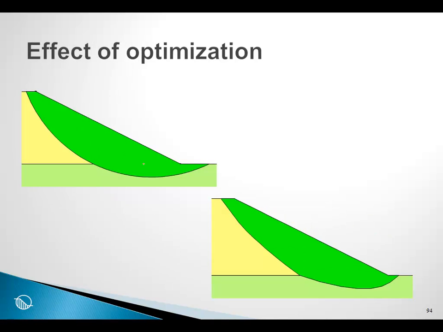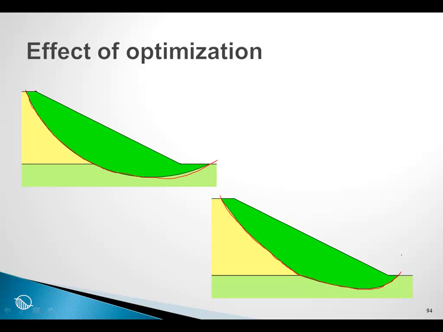Now, interestingly enough, the optimization does find trial slip surfaces where the factor of safety is somewhat lower than might be determined for the arc of a circle. So in this particular case, initially we found the arc of a circle, then optimization led to something that is not defined by some predetermined geometric shape.